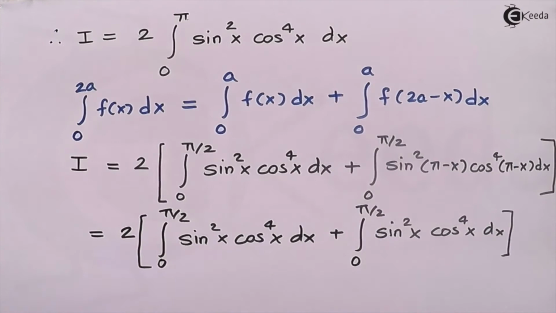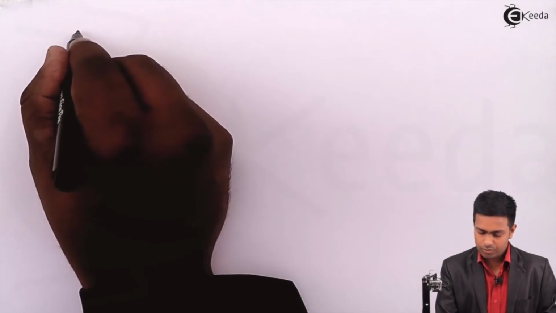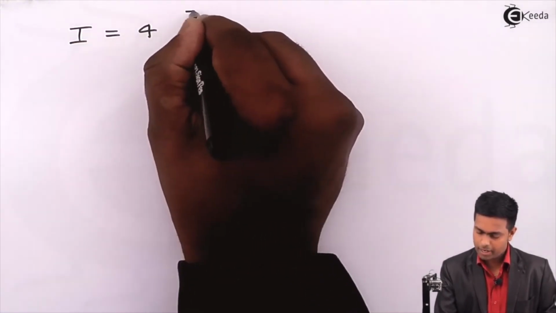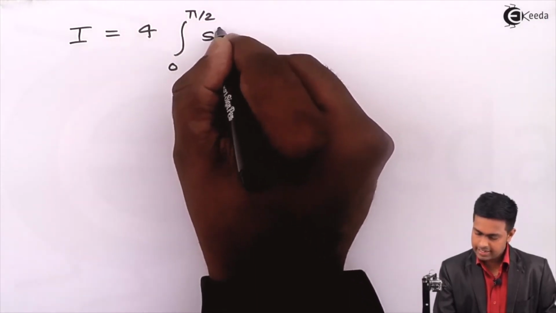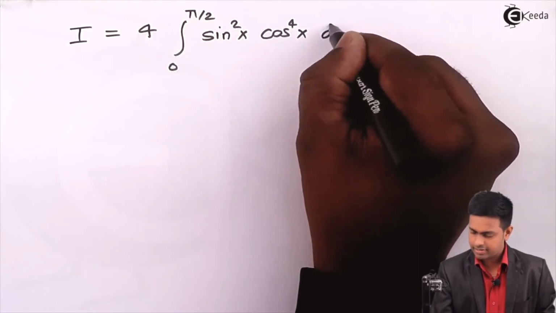So in short guys, we are getting the same integration 2 times. So I can say it is twice, and this 2 is already there, so 4 times this integration, which is equal to 4 times integration from 0 to pi upon 2 sine square x cos raised to 4x dx.